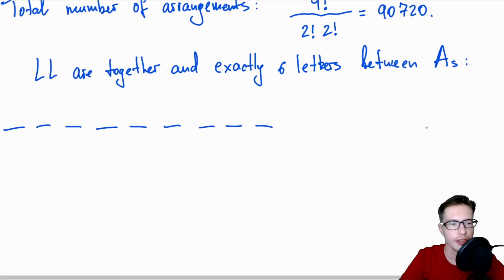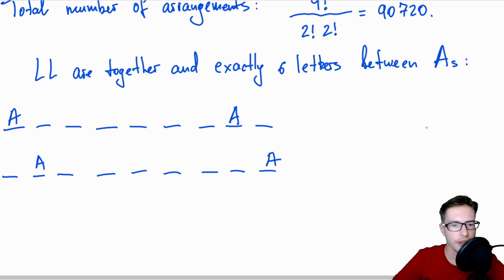So let's put the first A here, so the second one must be right there. And now, because there should be exactly 6 letters in between, I can move those letters one space. So that's the other scenario. And because we have to have exactly 6 letters between A's, I don't see any other scenario.